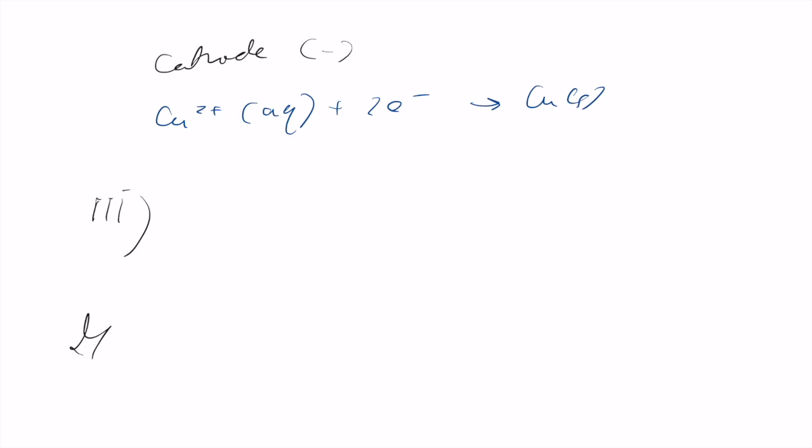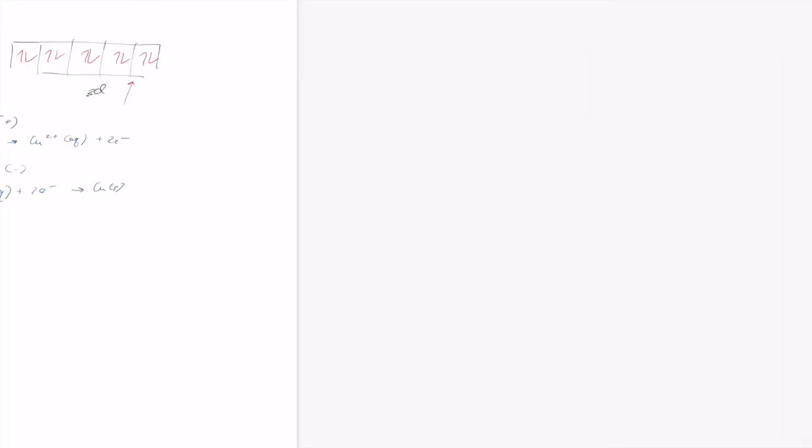So question 4a, formulate the equation for the redox reaction. And let me just draw it out for you so you know what I'm talking about here. We're going to do 4a, and the question already gives us the pre-made equations.